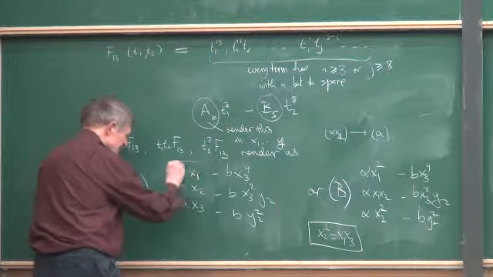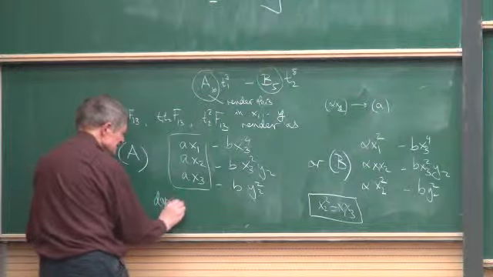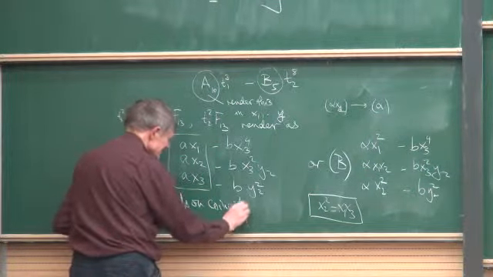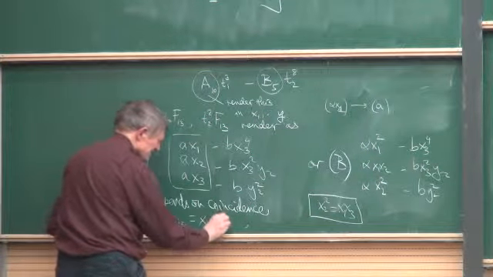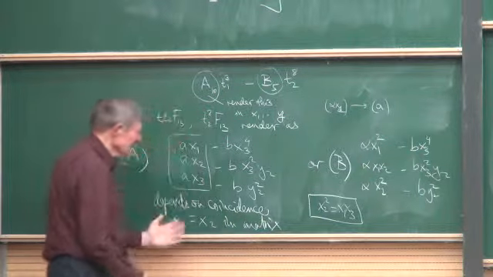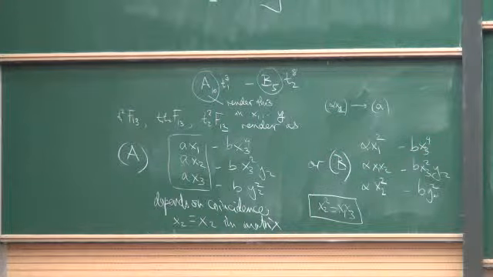However, this thing here depends on the coincidence x2 equals x2 in the matrix. So when I do this, the matrix cannot change from being rank 3 to rank 2 compatibly with all the syzygies.